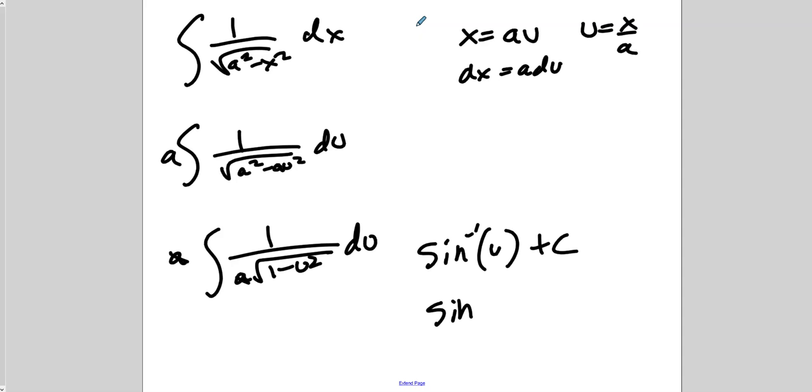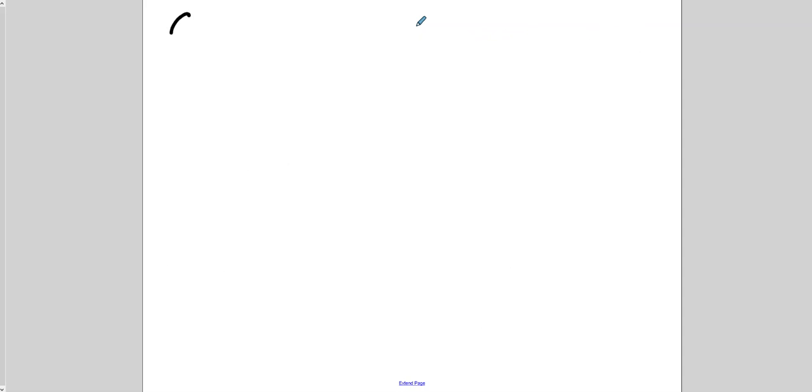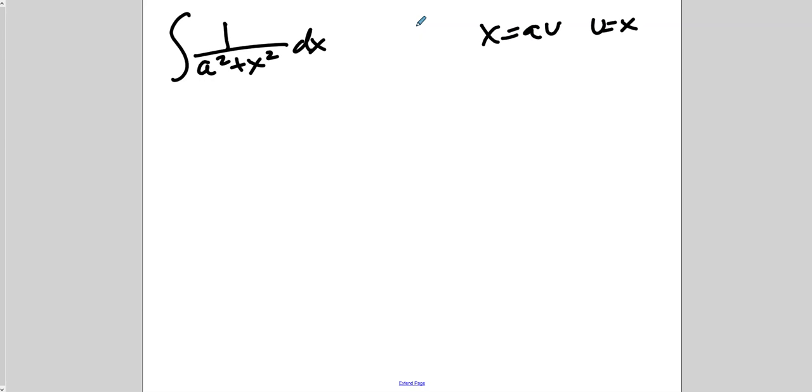Now let's do the same thing with arctan in general. So if we have 1 over a squared plus x squared dx, we do the same thing. We do x equals au, u equals x over a, dx equals a du.